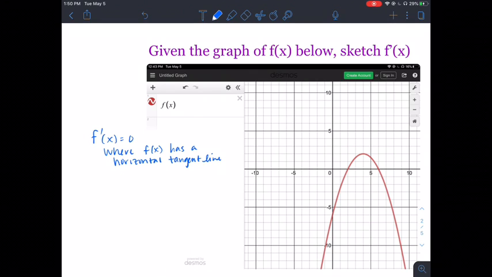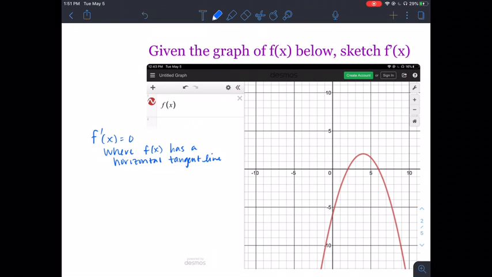I don't care about the y value, I care about the x value, because where the y value is on the function doesn't really matter, because when I go to do my derivative, that's going to be an x-intercept. My y value is 0, my f prime is 0. So the where is always an x value.